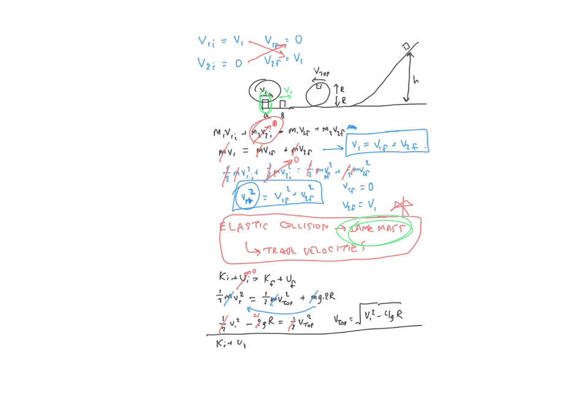Ki plus Ui is equal to Kf plus Uf. The initial conditions are still the same, so there's no initial gravitational energy, but this time, since we're looking at the maximum height the block can reach, that's when it's reached the point where it cannot travel any higher, so the velocity at this point is 0. So the final kinetic energy we can set equal to 0.